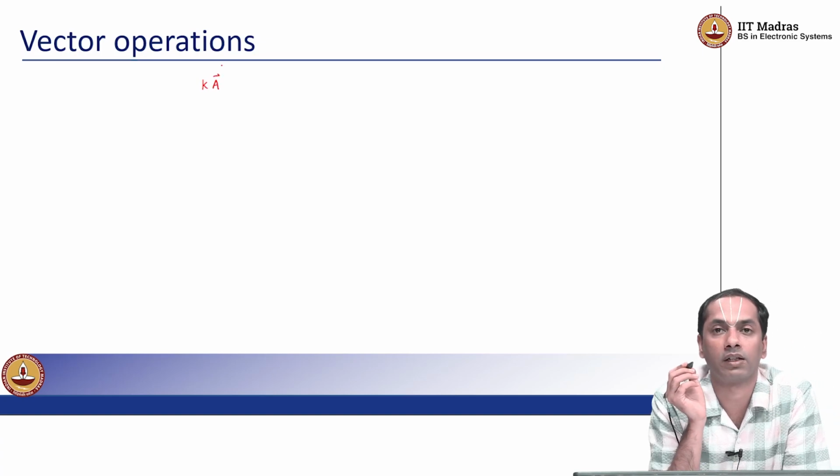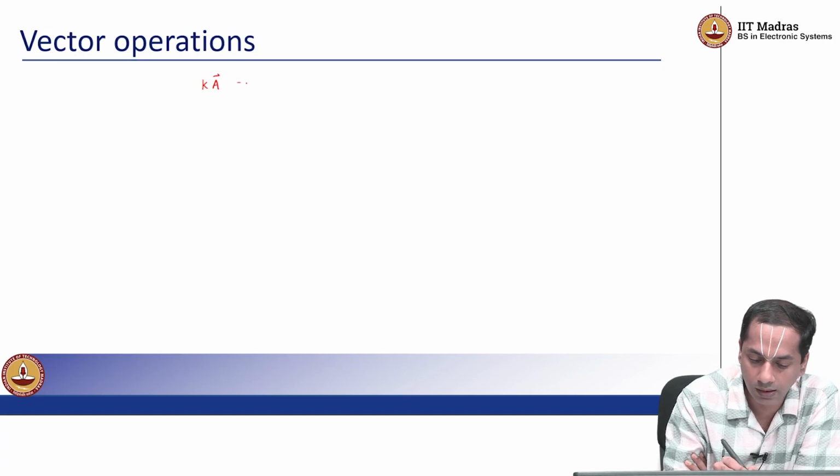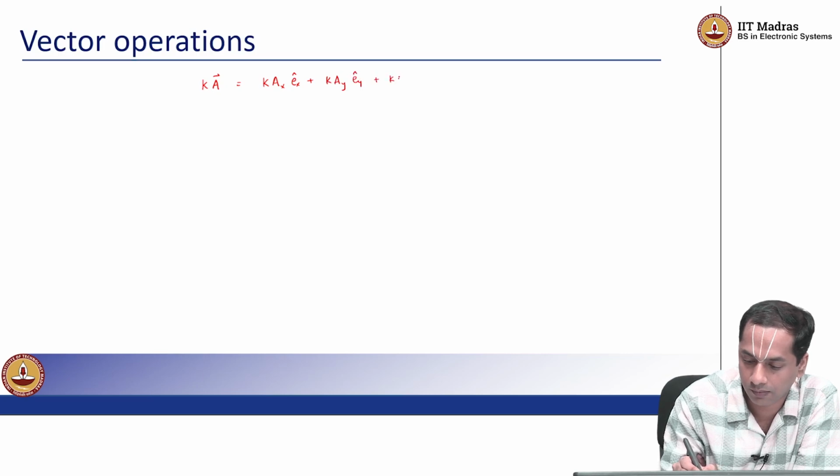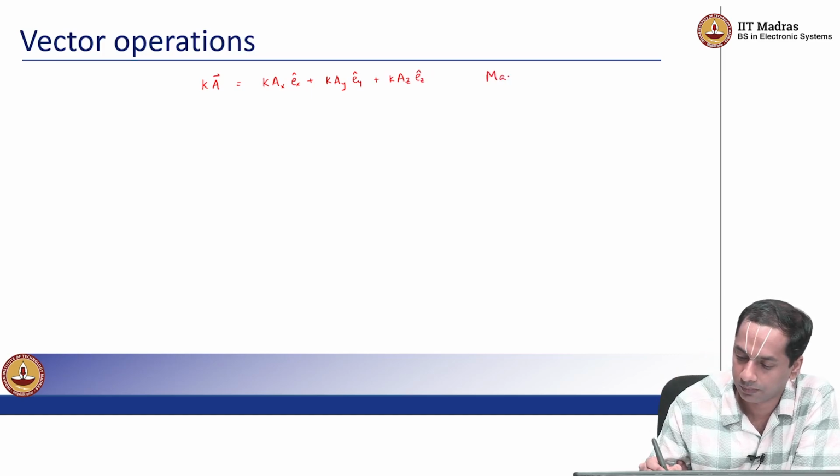So let's take the same vector A, and when I multiply it with the scalar k, I essentially get, right, the magnitude scales by k, and the direction remains the same, right?